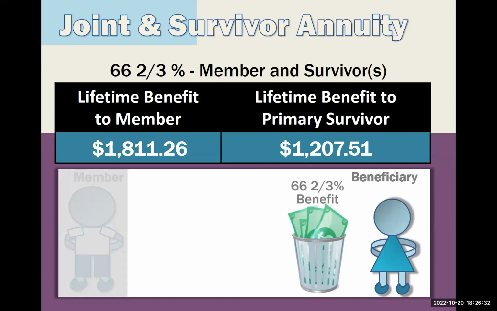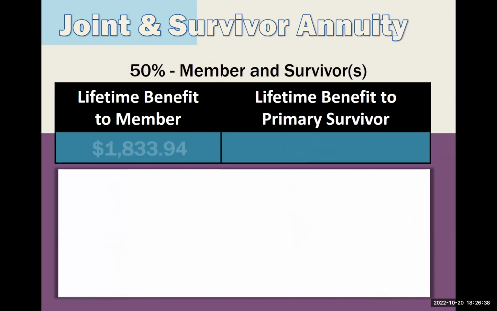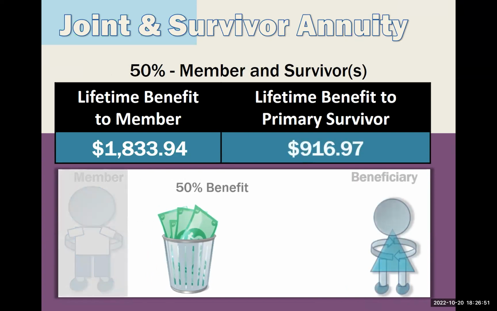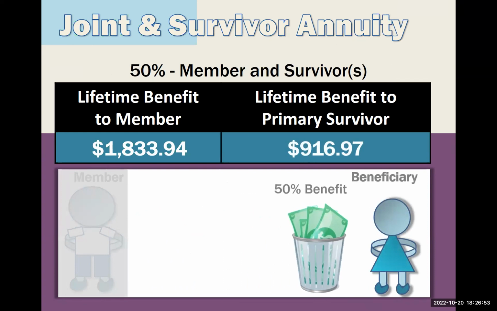Now, when the surviving beneficiary passes away, then the account is closed. What about the 50% joint and survivor option? Well, you're still going to be getting a reduction, but less of a reduction than the other two. And when you pass away, your beneficiary will receive 50% of your benefit for the rest of his or her lifetime.